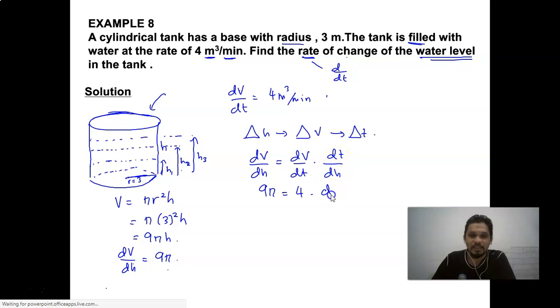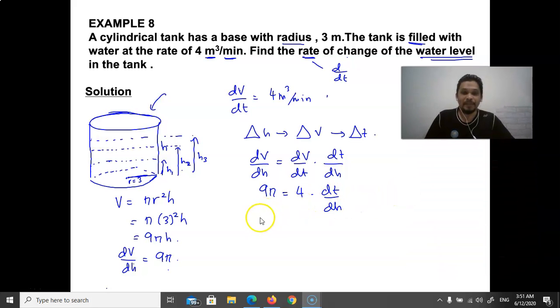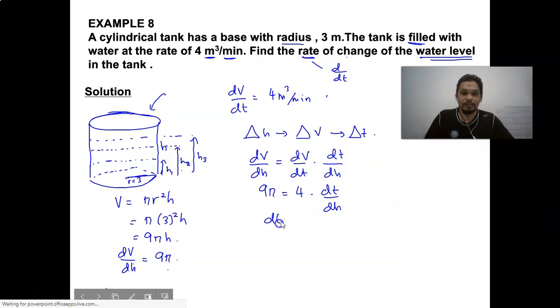So find the rate of change of water level in the tank. Now dt/dh equals 9 pi divided by 4.